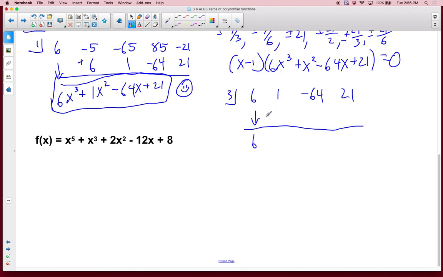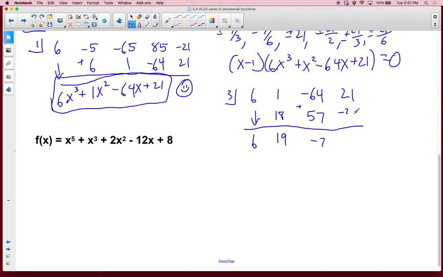Bring down the 6. Multiplying that out, we get an 18. Add, we get 19. Multiply that out, 3 times 19, 57. Okay, add those, we get a negative 7 here.